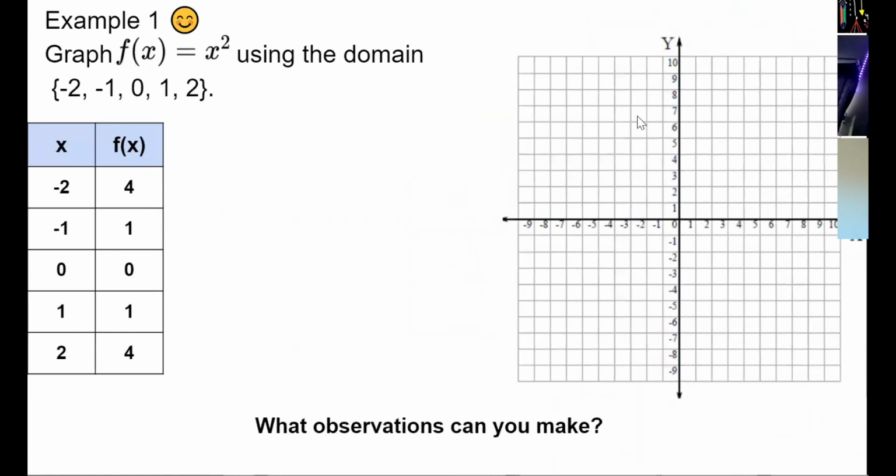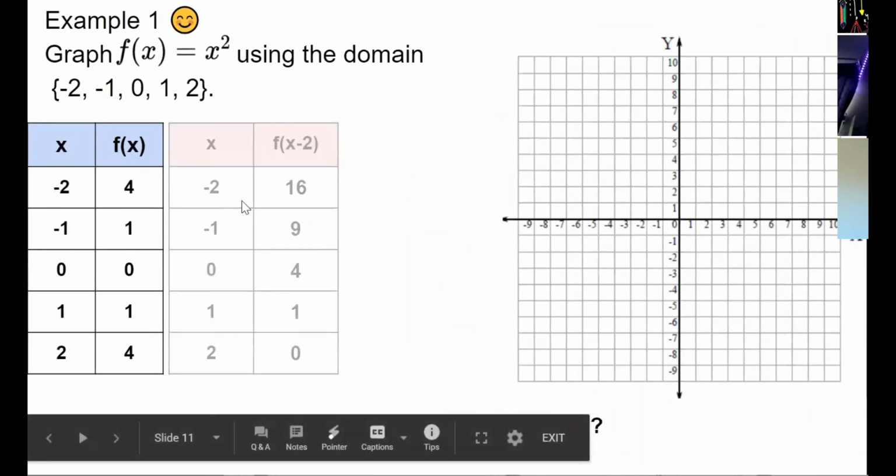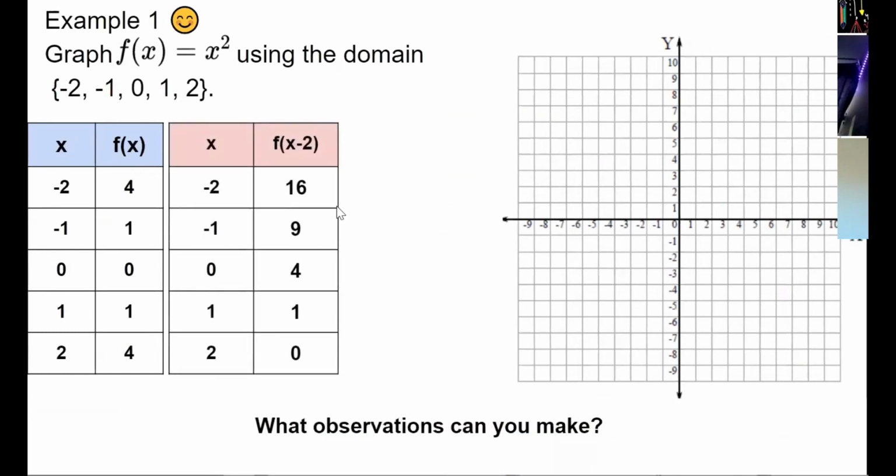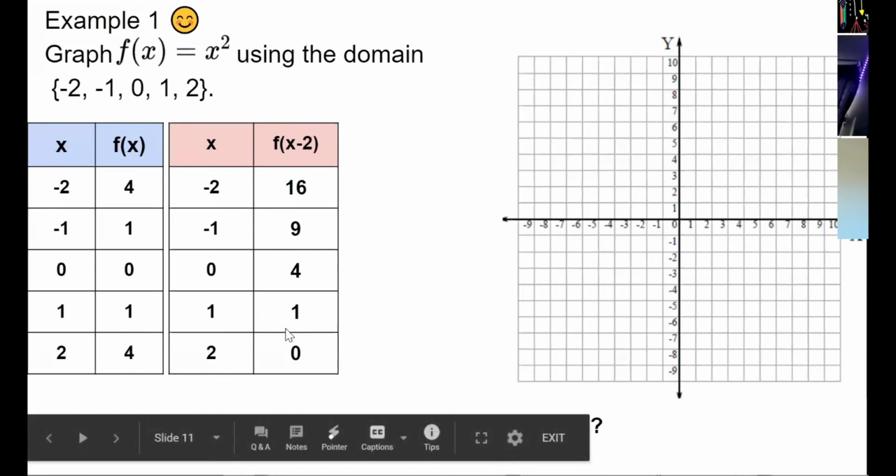So here is finally our first example. We were able to create that first table of our f of x. And we were now able to create that table for a new function that we have, f of x minus 2. And we're going to go ahead and first graph this example here.